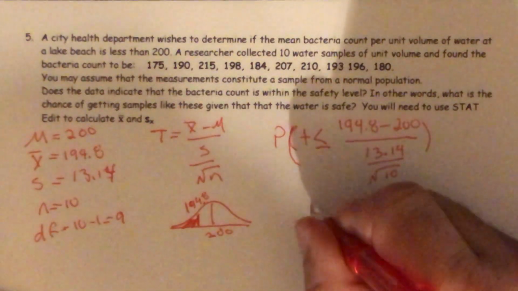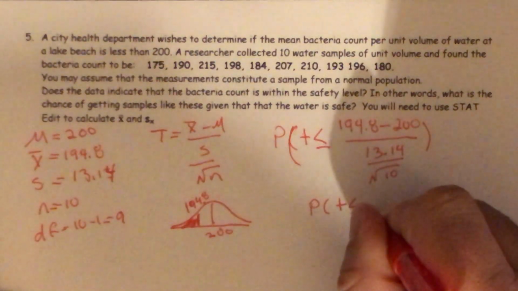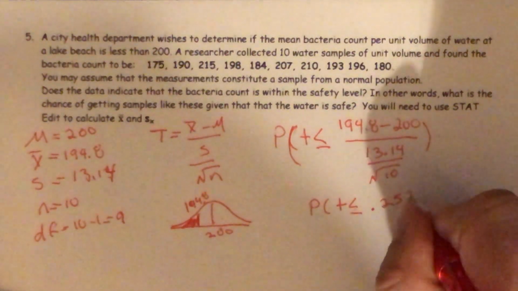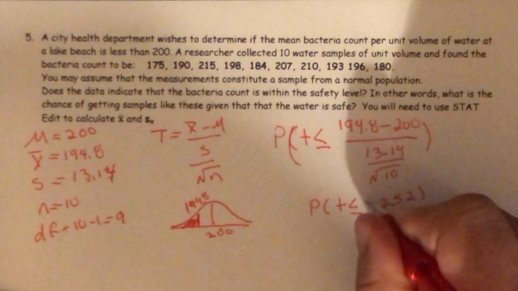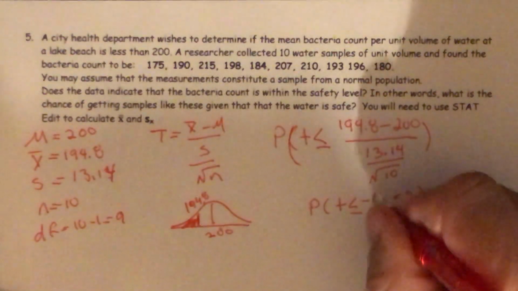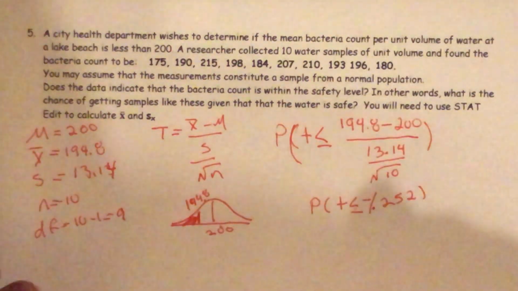And so we're looking for the probability that t is less than or equal to negative 1.252. All right, and that's if I calculate that by hand.